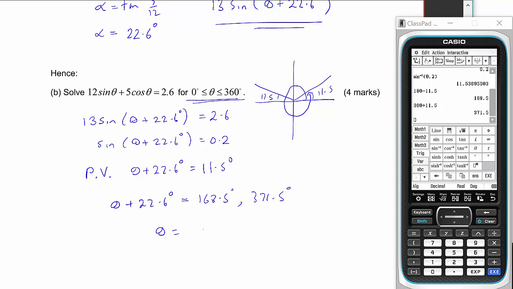And then, so theta, we're just going to take 22.6 off each. So 168.5, take away 22.6. So that's going to give me 145.9 degrees. And then the 371.5, take away 22.6, is 348.9 degrees.